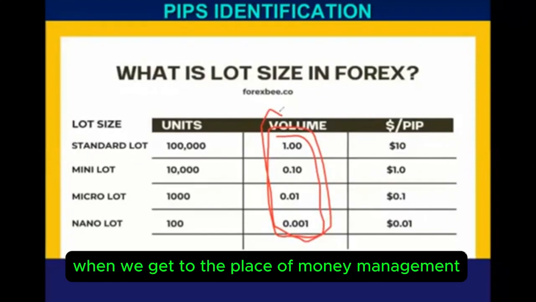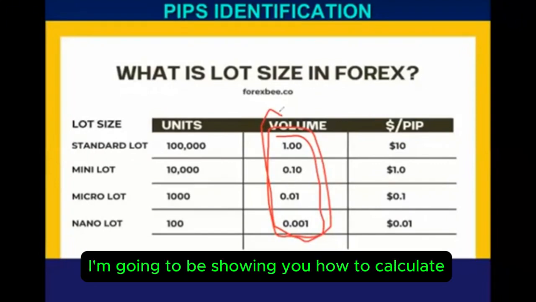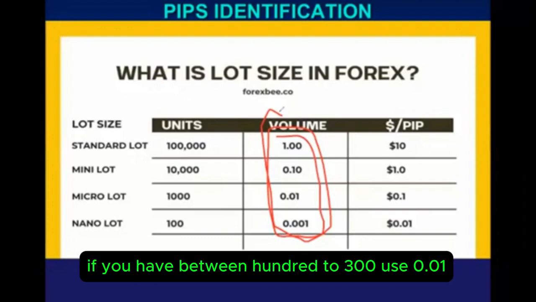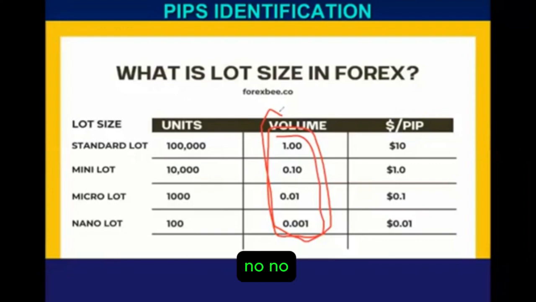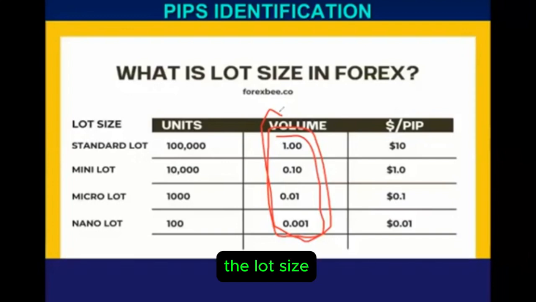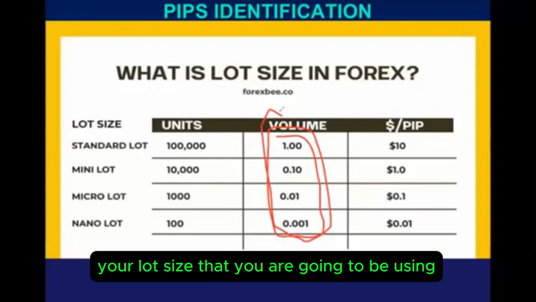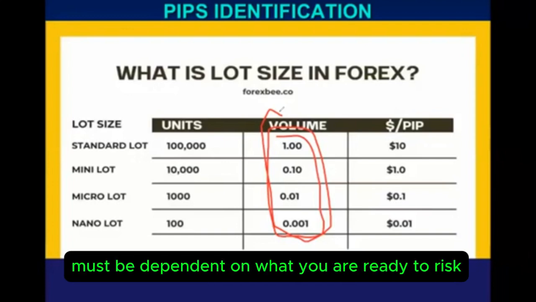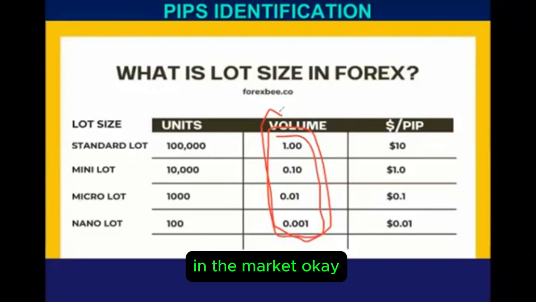When we get to money management, I'm going to be showing you how to calculate it. Some people will say, if you have between 100 to 300, use 0.01. No, that is an amateur way of computing your lot size. Your lot size must be dependent on what you are ready to risk in the market.